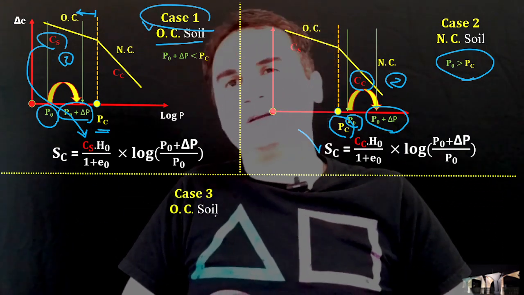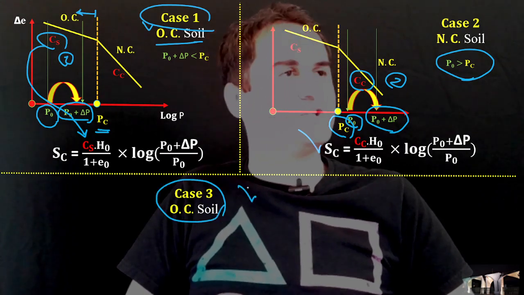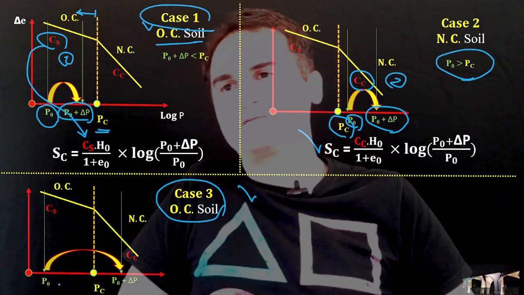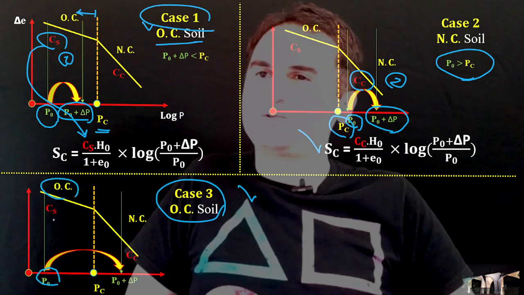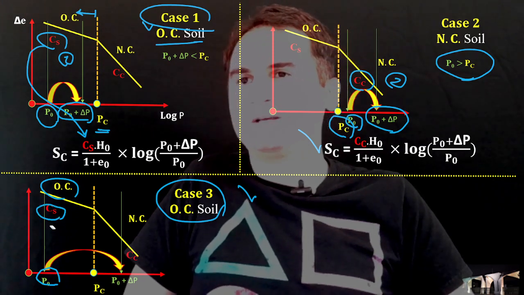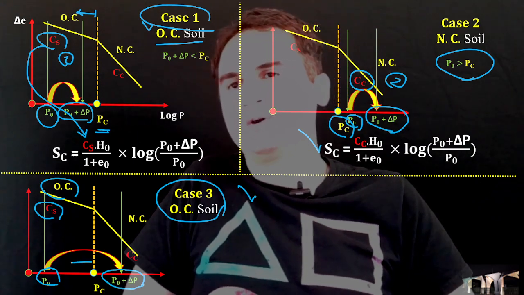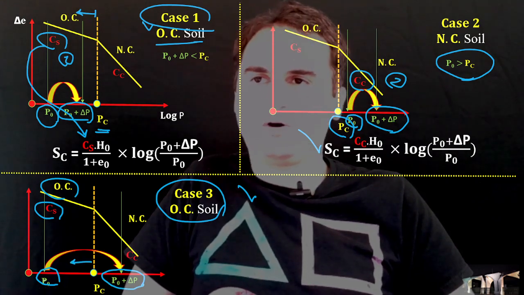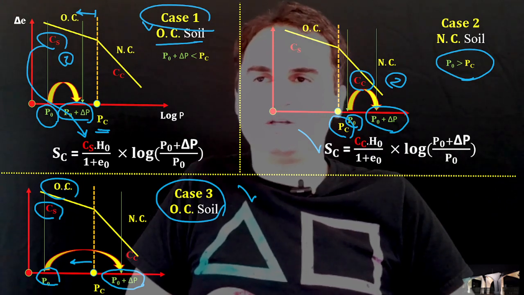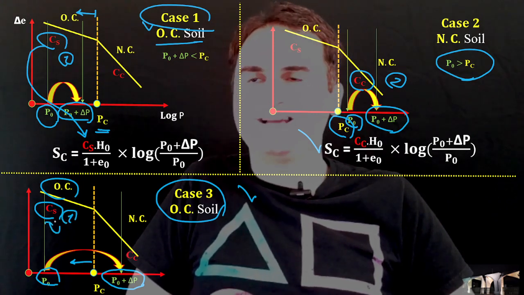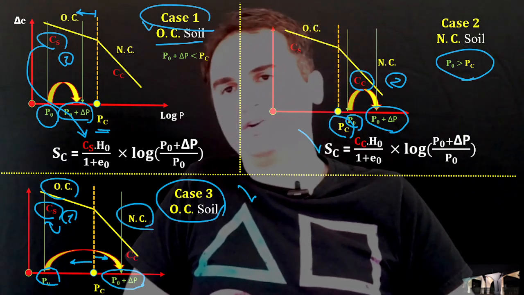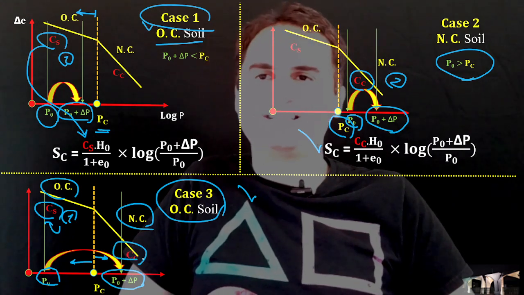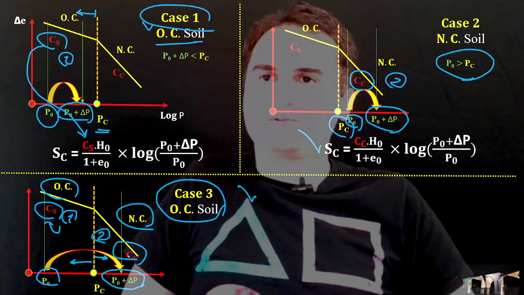And case 3 is a combination of both of them. One foot is in the over consolidation range, so you need this coefficient, and the other one, P naught plus delta P, is just passing. So once you start your problem, you are in the over consolidation domain, which is CS, and in the second part you are in the normal consolidation scenario, and you need to use CC in region 2.